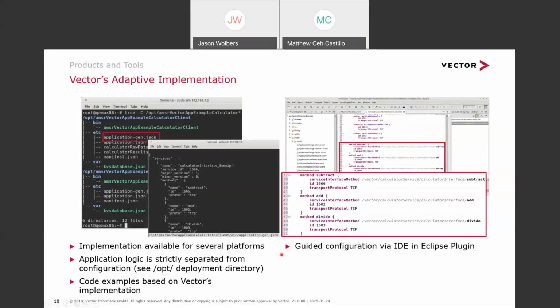And we'll see that in a little bit better detail on the next slide here. But essentially, you'll be using an Eclipse environment, and that will invoke our code generators so that you can create those manifest files we were talking about, which essentially are the configuration for the application, and also generate any of the headers and the C code necessary for your service interfaces for the application, and also anything necessary for the basic software as well.